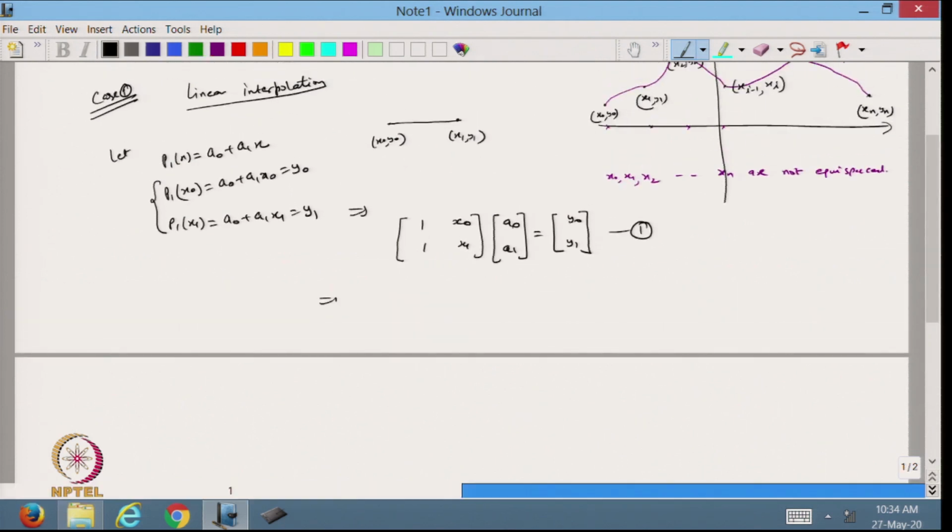This is my matrix A, and the determinant of this matrix is x1 minus x0. Since x0 and x1 are distinct points, this matrix is non-singular. Now I can solve this with the help of the inverse of the given matrix.